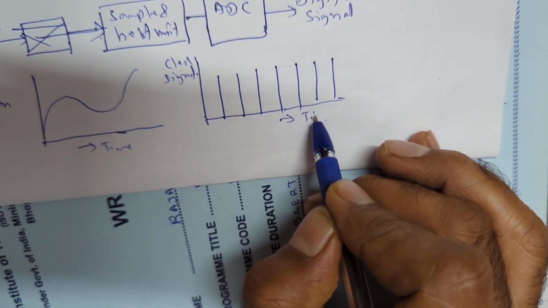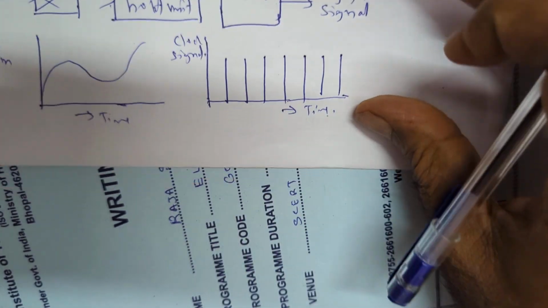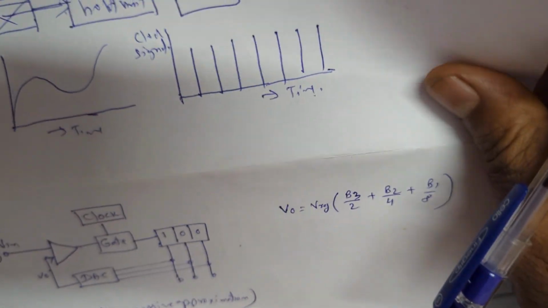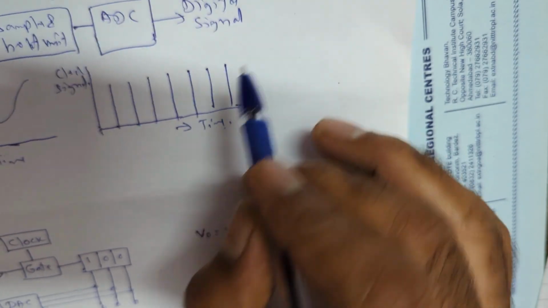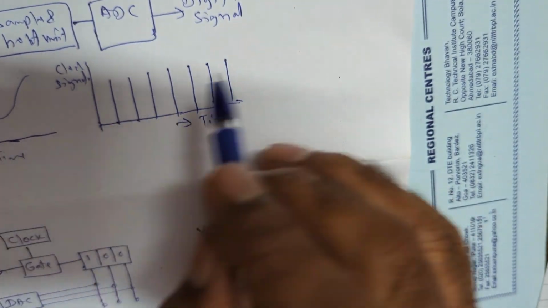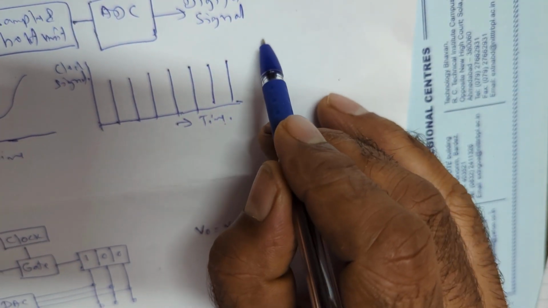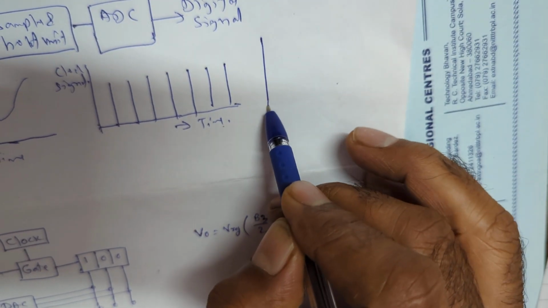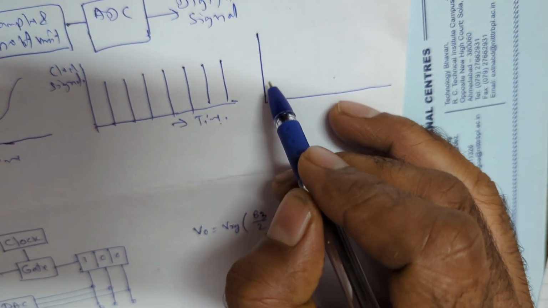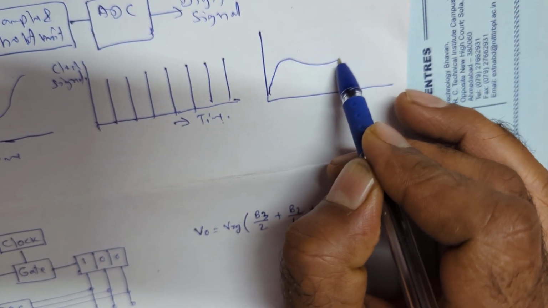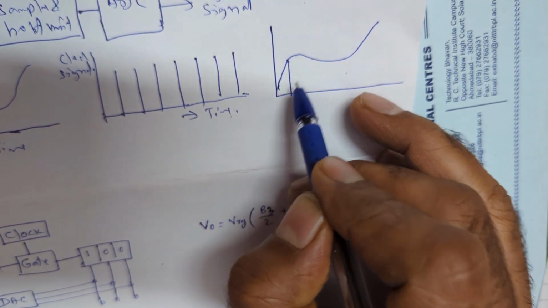This is also with time. Now see, this varying signal is sampled at this clock signal. This is the clock signal, and this is sampled.